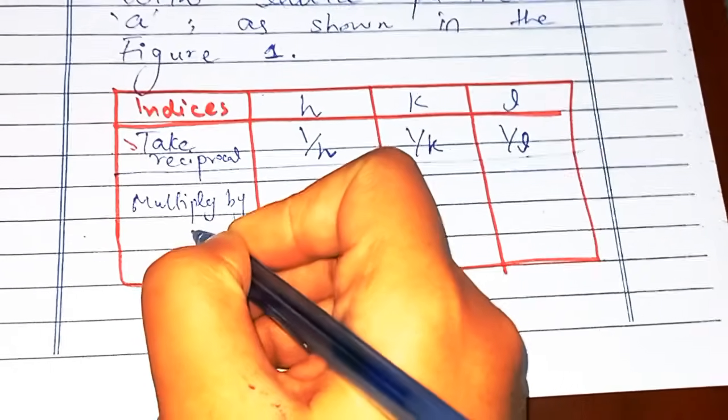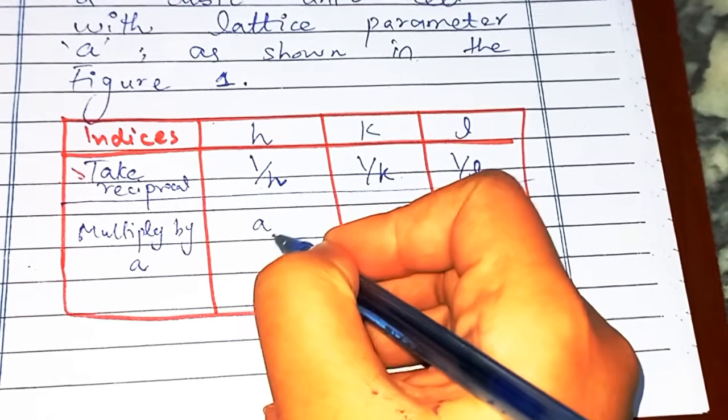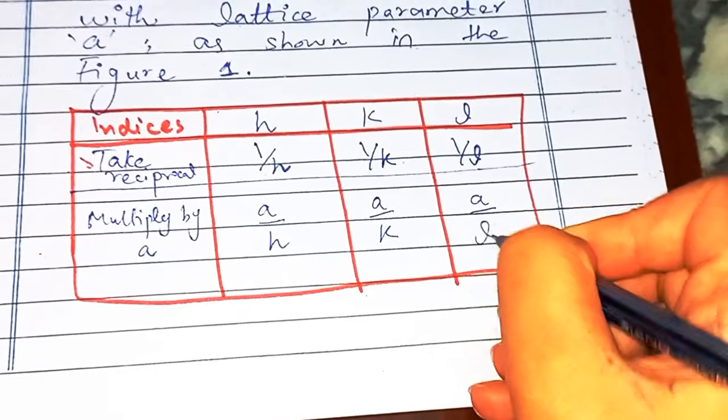This step is critical for this proof. If you don't do this, your proof is wrong and insufficient, because fractions alone don't tell you anything about the lattice in which the plane with Miller indices HKL exists. So you need to incorporate that step of multiplying by the lattice parameters to show that it's a cube. Multiplying by A, it's A by H, A by K, and A by L.